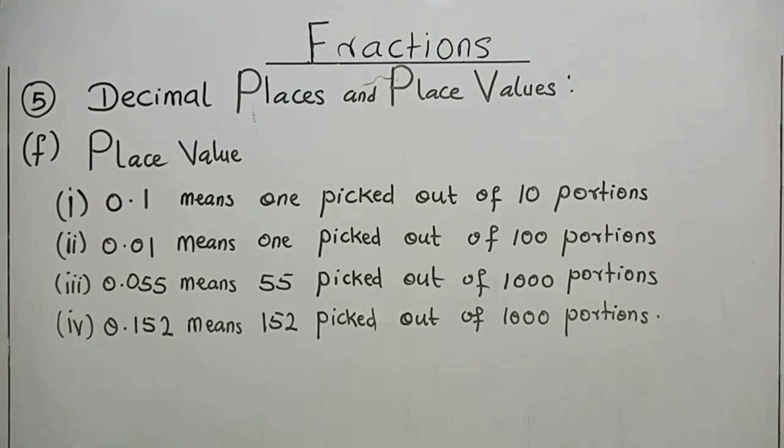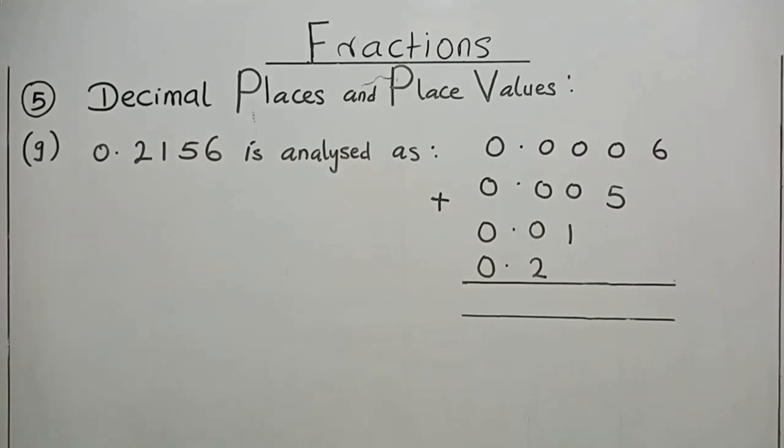Next is for us to analyze this form of dot notation of decimal fractions. Please watch out as I pick one example of a decimal fraction in each dot notation to analyze dot notations. Now find an example of a decimal fraction with which I want to exemplify analysis of such form of a fraction. It is 0.2156.